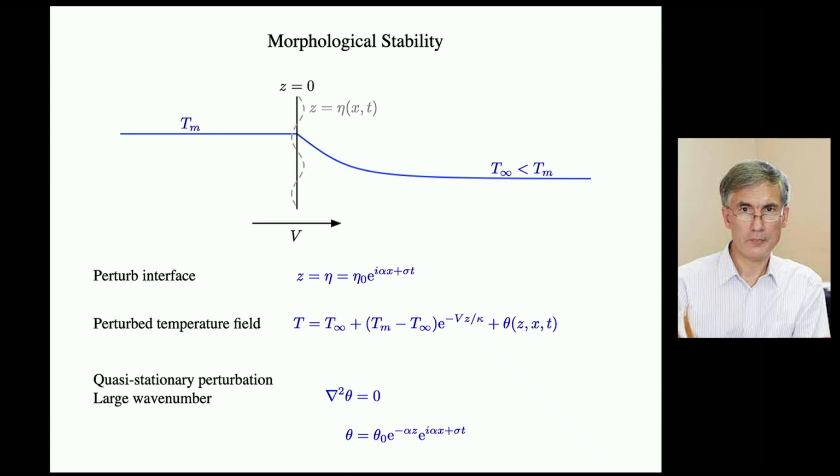So this gives us d2 by dx squared plus d2 by dz squared is equal to 0. So decaying exponential, sinusoidal in the transverse direction, and possible growth in time.